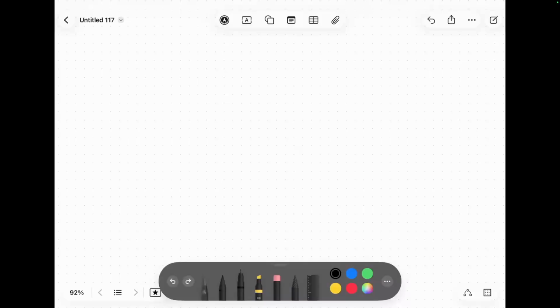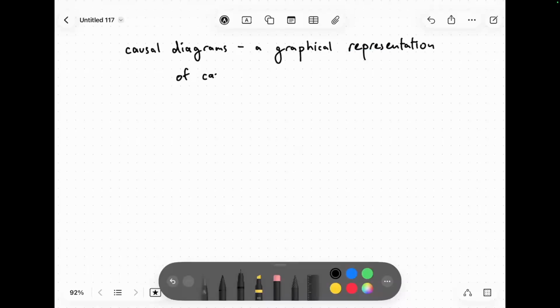So we're going to think about visual representations of relationships. This is a very common way that people think about things in the causal inference world. And so we use something called causal diagrams. And this is a graphical representation of causal relationships.